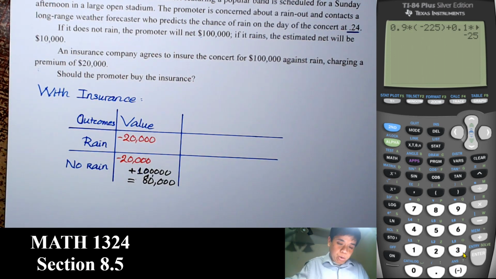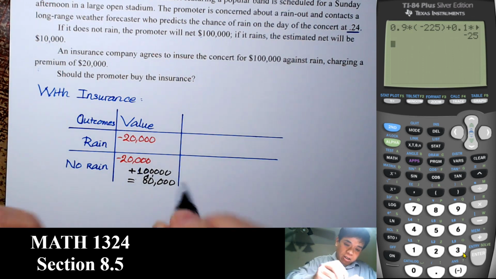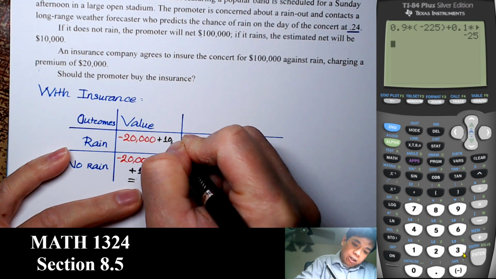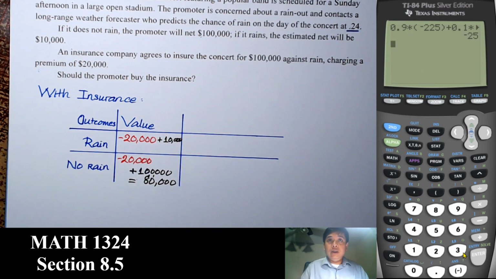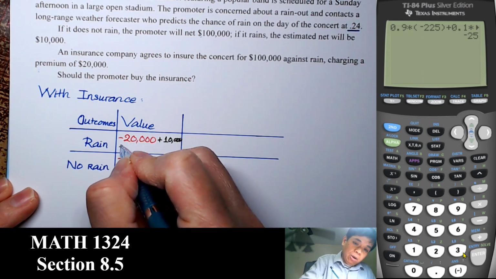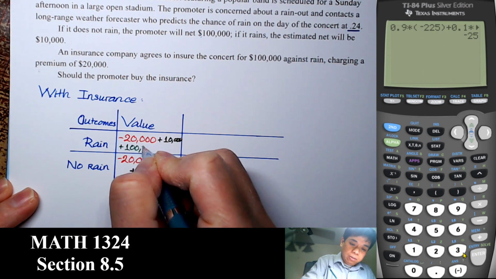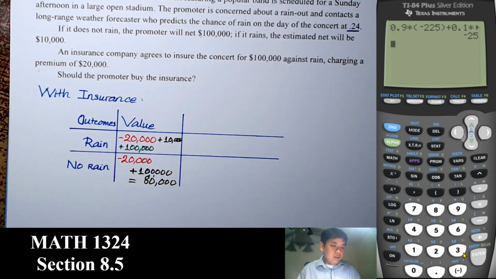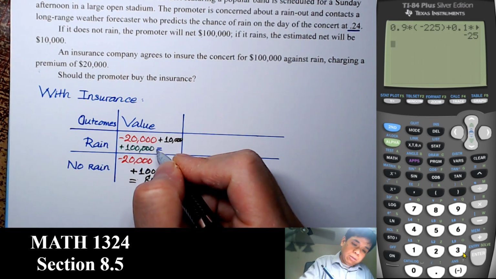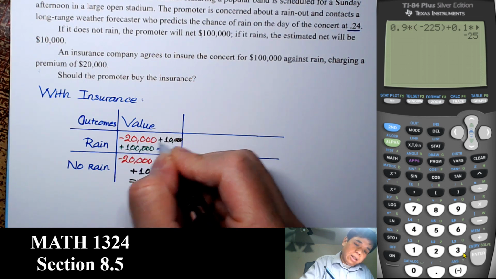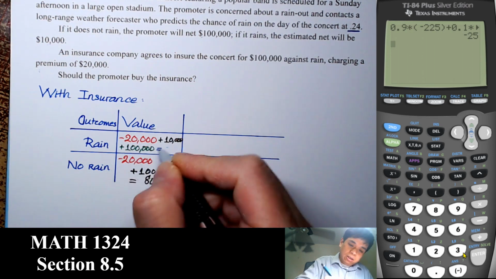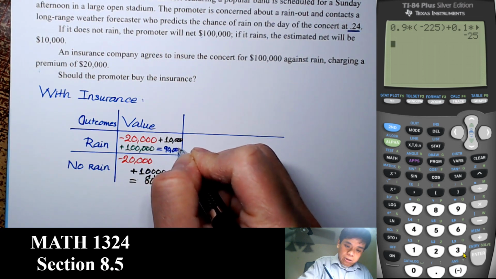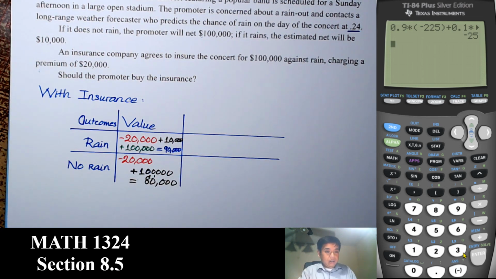But if it rains, you still get $10,000, but the insurance will also pay 100,000. So in that case, when it rains, you're going to get 90,000. So when no rain, you're going to get 80,000. But when it rains, you get 90,000.